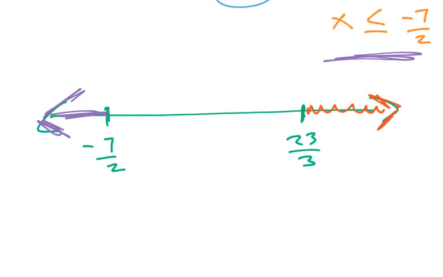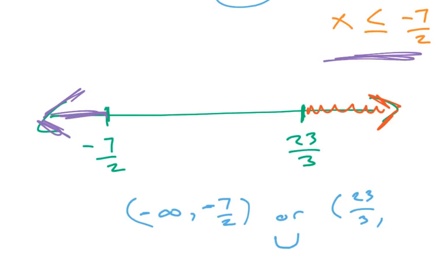So the final answer to this question is that the interval that works is negative infinity to negative 7 over 2, or, which sometimes is represented with this U symbol, which means union, 23 over 3 to infinity.